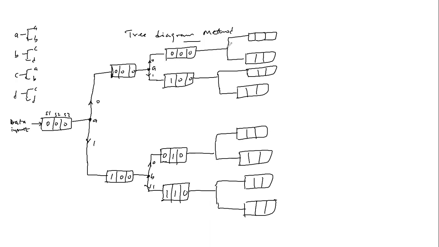So once again, this is point A, this is point B, right? And this is now point C, this is point D, because B can connect to CD, right? CD.